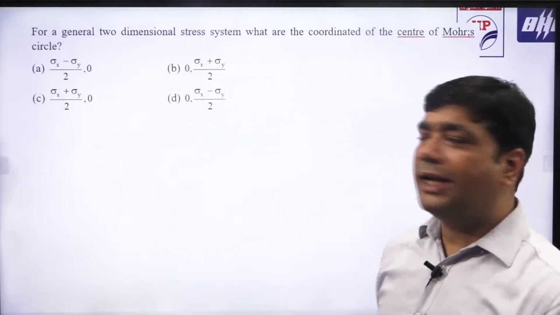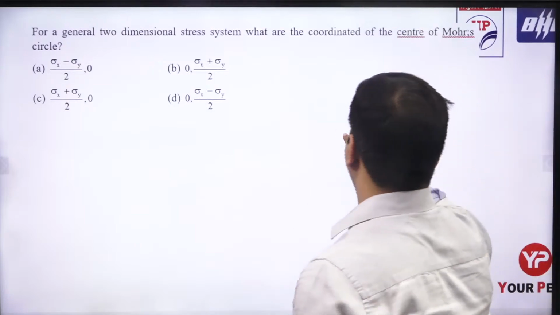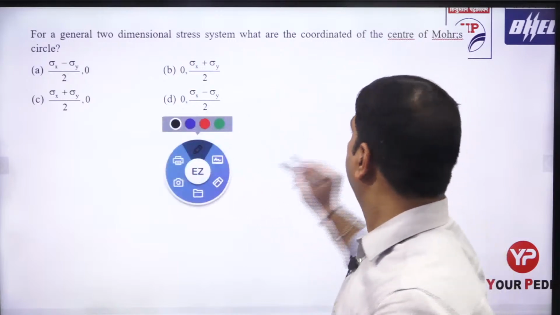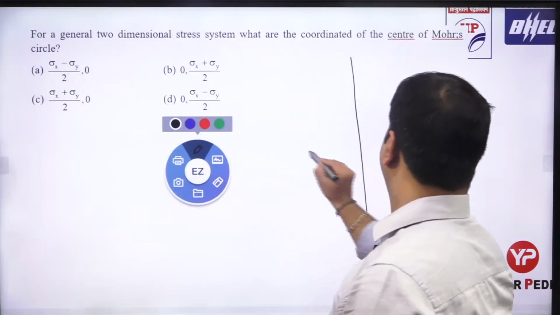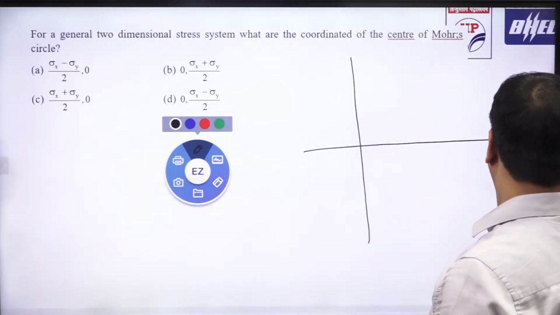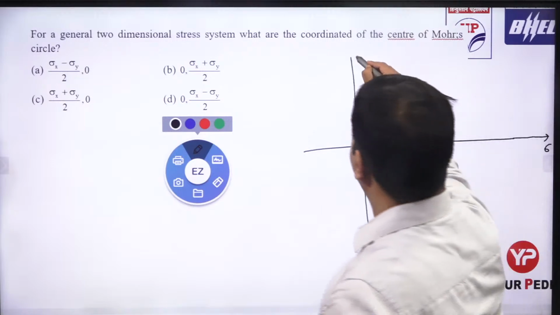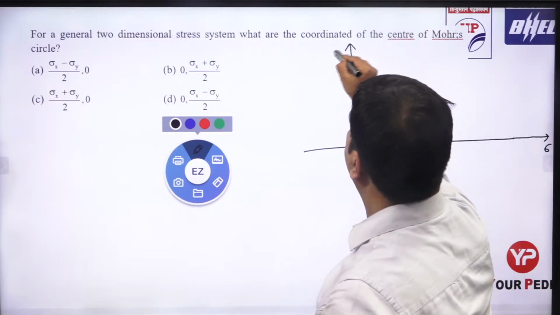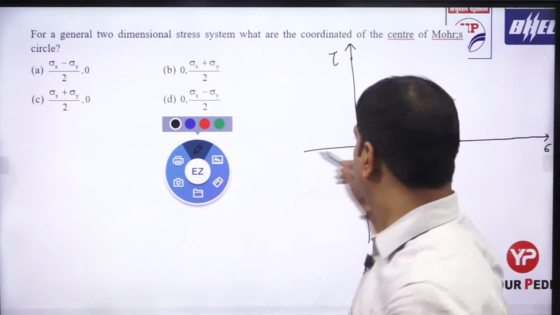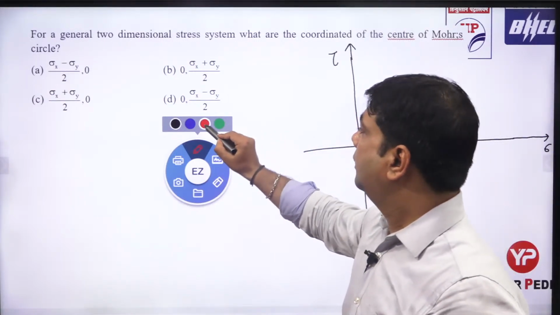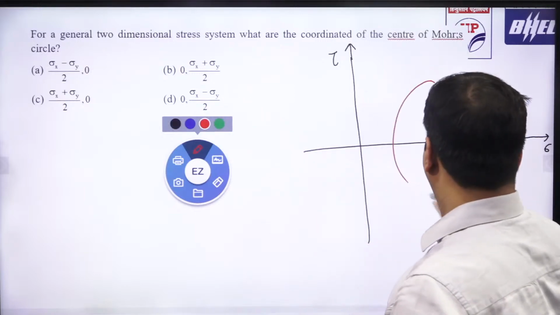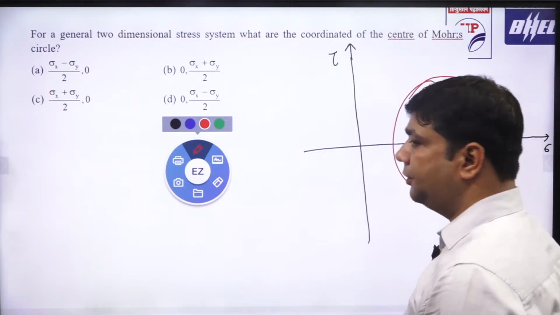How does the Mohr circle look like, first of all? If we see here, the normal stress lies on this axis and the shear stress lies on that axis. If I draw the circle like this, this is a Mohr circle.